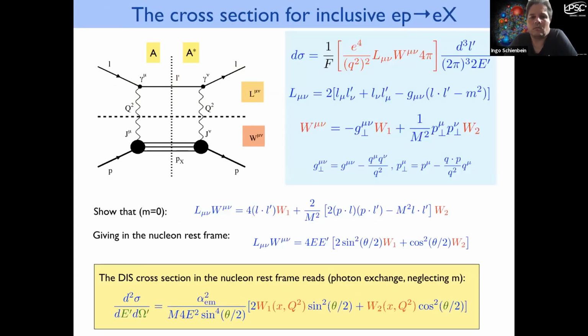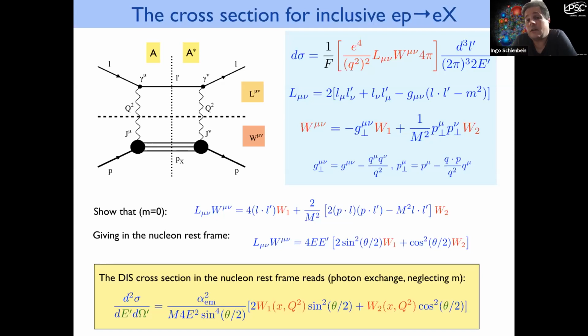So with this, we have everything to calculate the cross section. We have the leptonic tensor and the hadronic tensor, all summarized in the light blue box. Then doing the contractions, L^{mu nu} times W_{mu nu}, you can easily find this expression, which is given below the box.